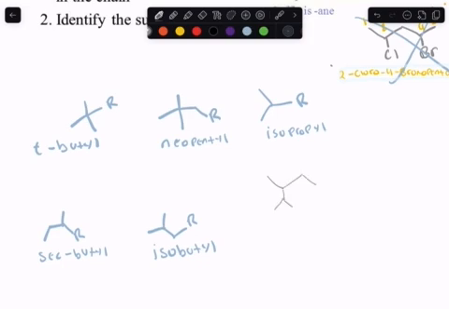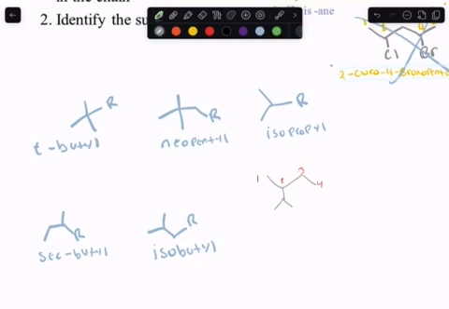And again, we go through 1, 2, 3, 4, versus 1, 2, 3, 4. As we said earlier, we want the substituent to be on the lowest number possible. So red is the correct way to count this and green is the incorrect way to count this.